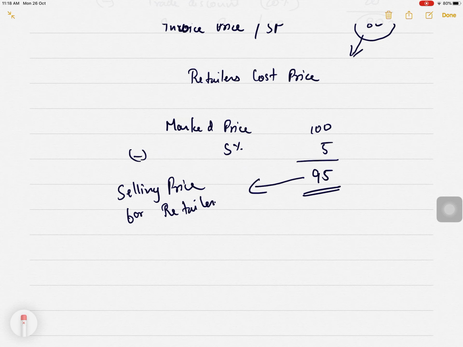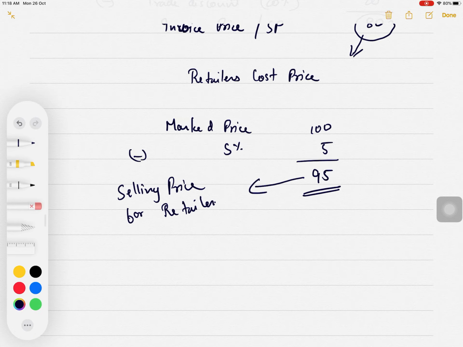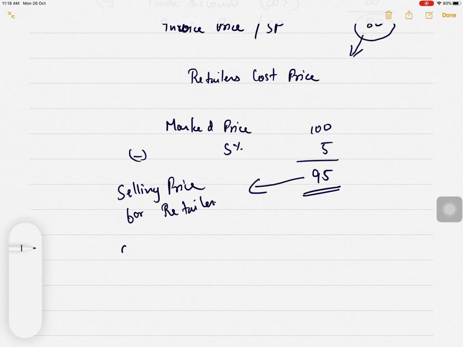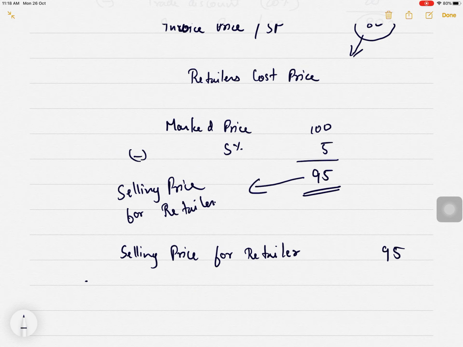So the selling price for the retailer is 95, less the cost price for the retailer, which is 80.